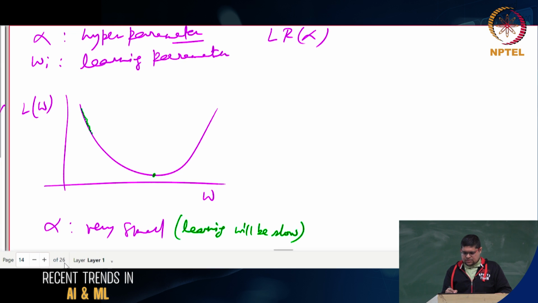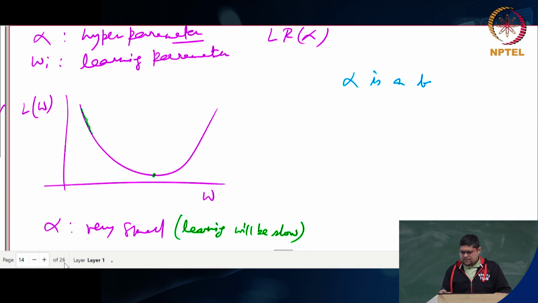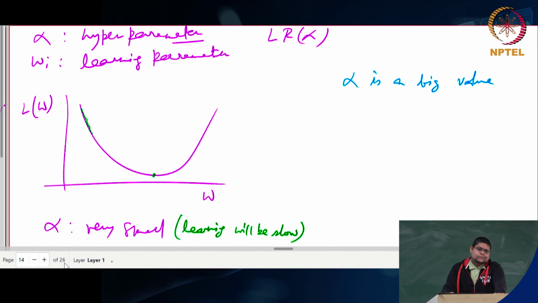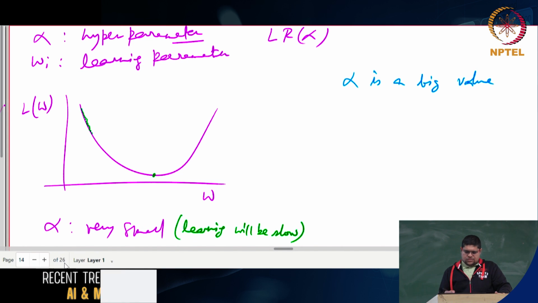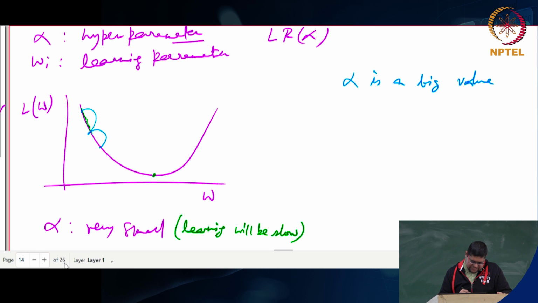But suppose alpha is a big value, what will happen? In layman terms it will be fast, right? So here it is slow, there it is fast. Is there any problem with it being fast? Actually it may jump at first here, here, here, maybe here.